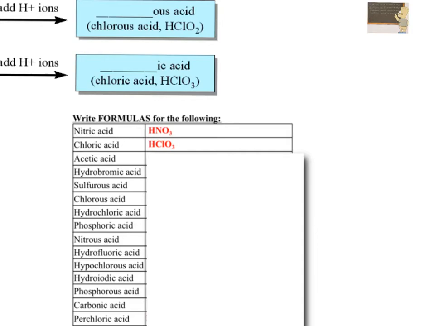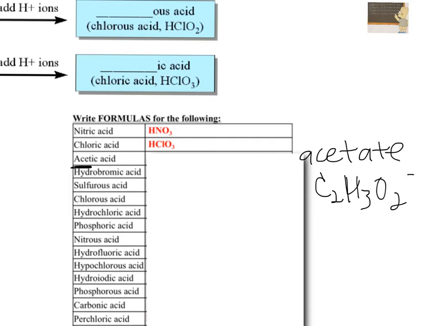Okay, acetic acid. Ooh, acetic acid. You've got to remember that one. That one people have the toughest time with every year. C2H3O2, 232. CHO. That's how I remember it. It's CHO, 232. Acetic acid. So ic, that means that the anion is ate. So that acid, I just know that that's acetate.